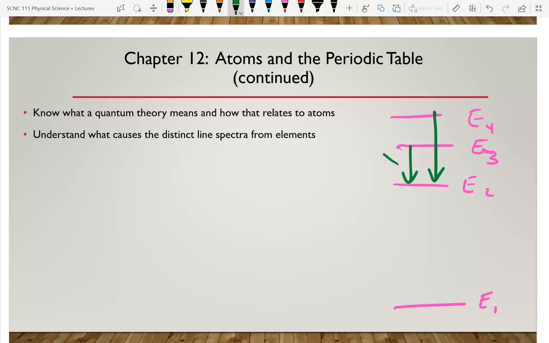And then they give off light with the energy of the photon is HF, equal to the energy difference between where it fell from and where it fell to. You might remember my example. I was up there at the table and I drop something, it hits the table, makes a sound. Same idea, except instead of making sound, the amount of energy it gives off is so high that it's giving off light.